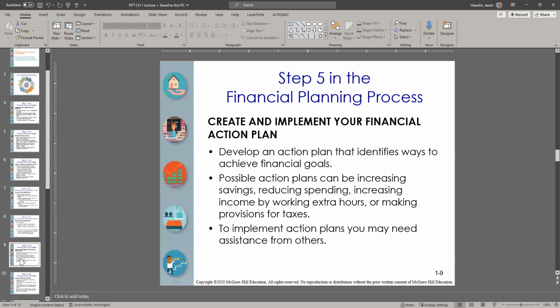Develop an action plan that identifies ways to achieve your financial goals. Possible action plans can be increasing savings, reducing spending, increasing income by working extra hours, or making provisions for taxes. To implement action plans, you may need assistance from others. Could be a personal financial planner.